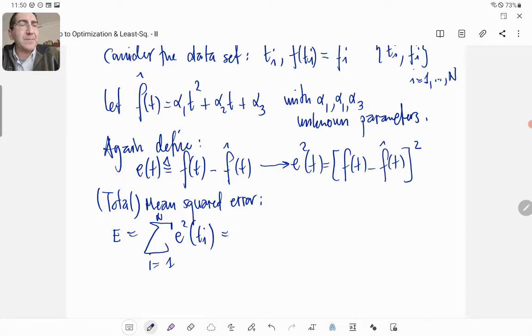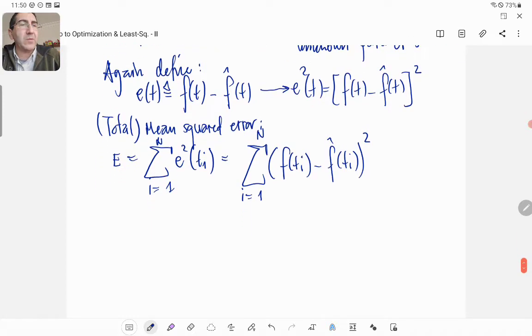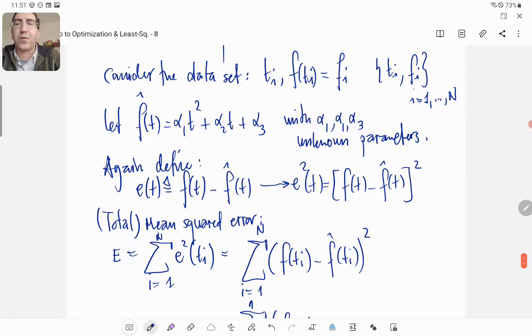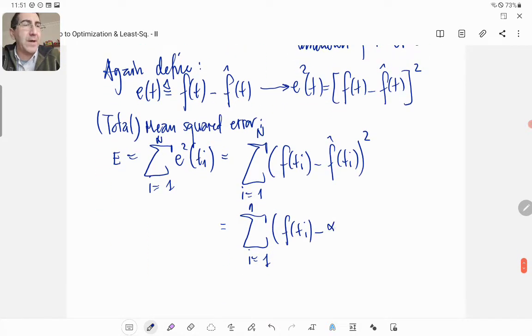Now what is that? Let's expand this. I have the sum for i equals 1 to n of f at ti minus f cap at ti squared. I know the parametric form of f cap, so it is the sum for i equals 1 to n of f at ti minus alpha 1 ti squared minus alpha 2 ti minus alpha 3, all squared.